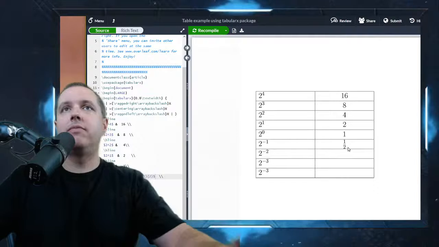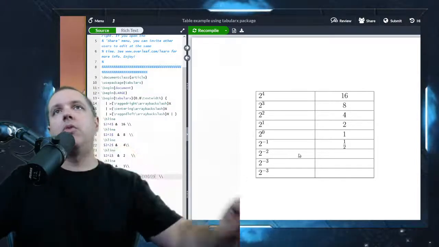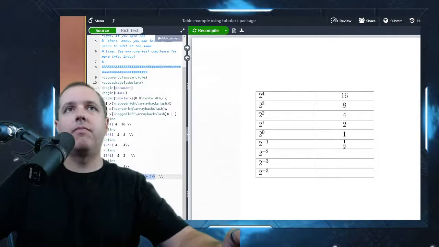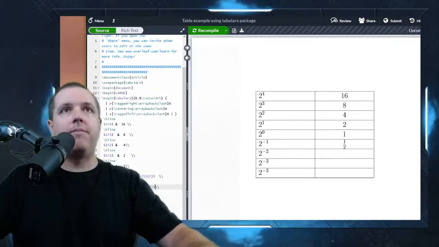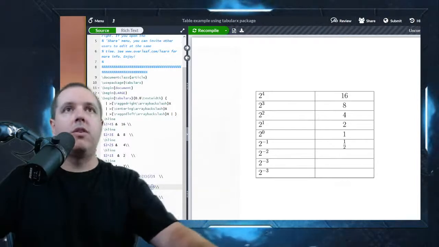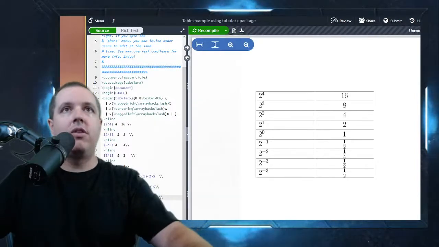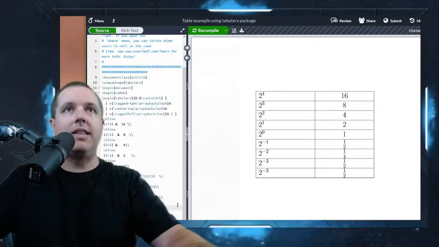Okay, well then what if we kept going? Well, you can see how this pattern would go, right? We'd get 1/4, we'd get 1/8, we'd get 1/16.